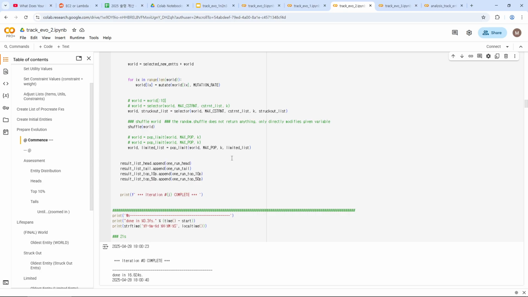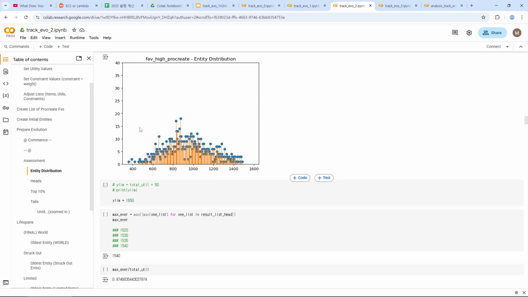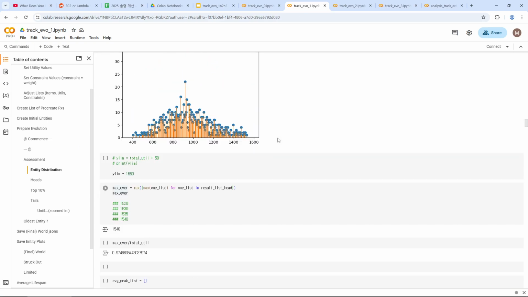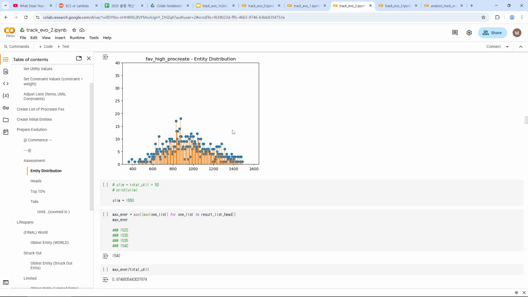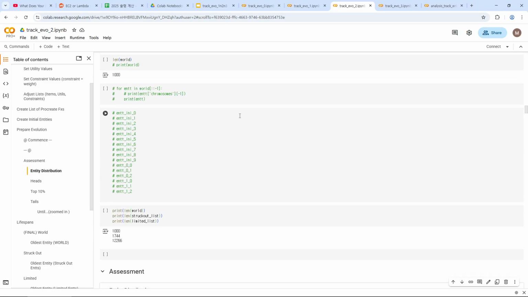And even in this notebook, I also applied the shuffle to the world, and basically it's the same thing as you can see here. This distribution and this distribution, you could say they're almost the same.